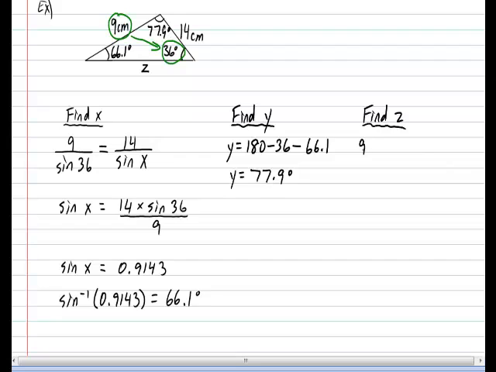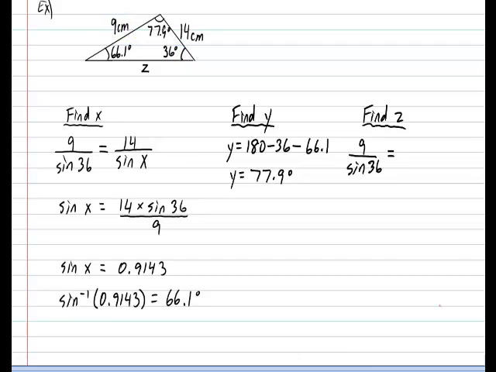9 versus sine of 36. That should equal our missing side Z versus the sine of its opposing angle. Let's get that written down. Z versus the sine of 77.9.